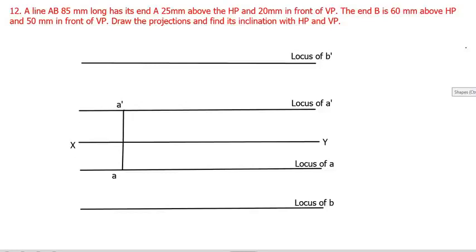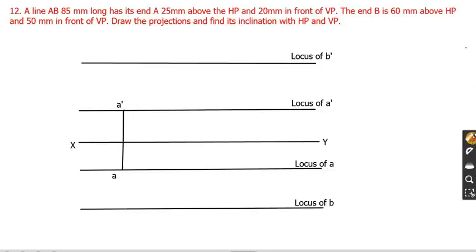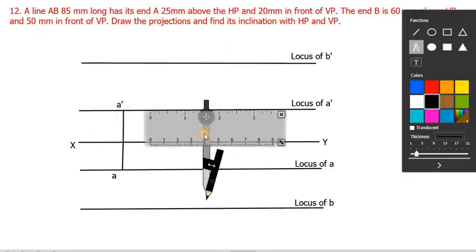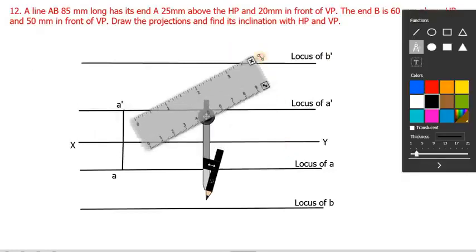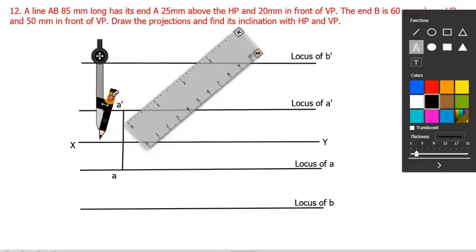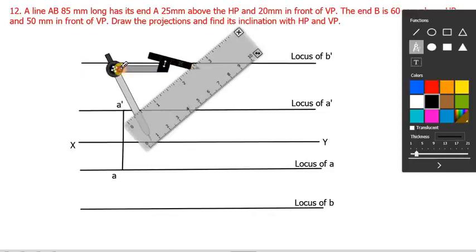So let us do that. Take the scale and compass. So measure the true length line, that is the 85, in the compass.